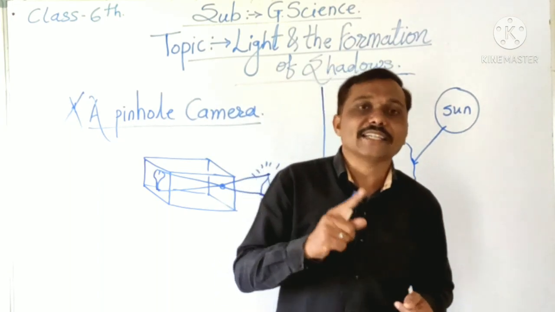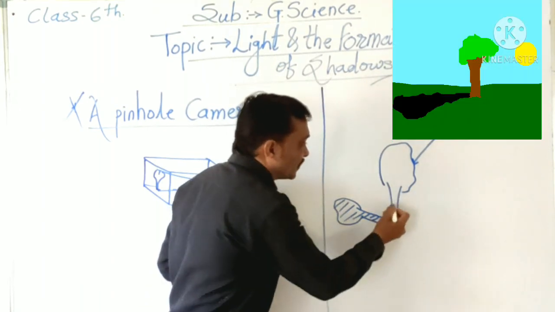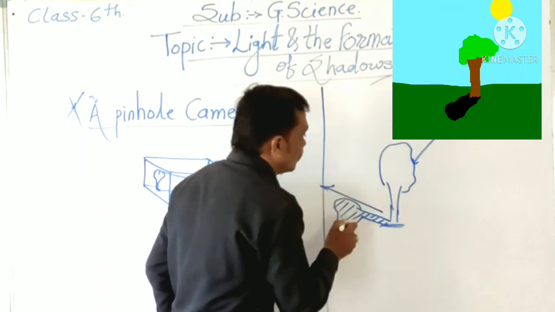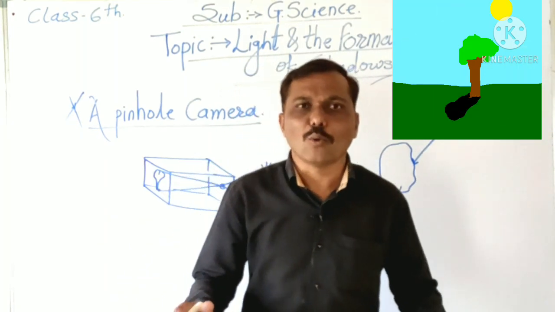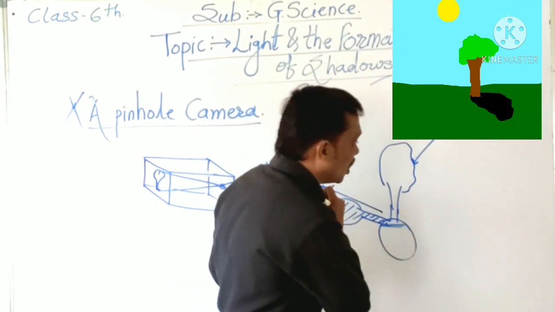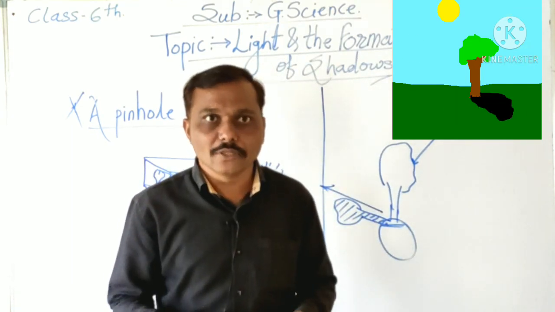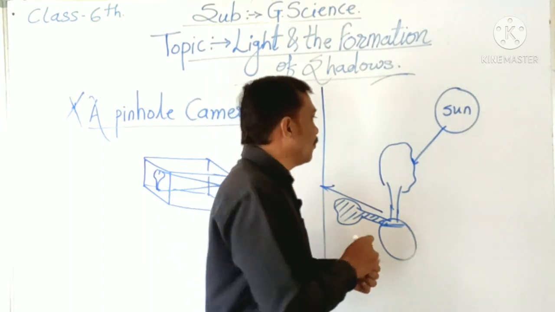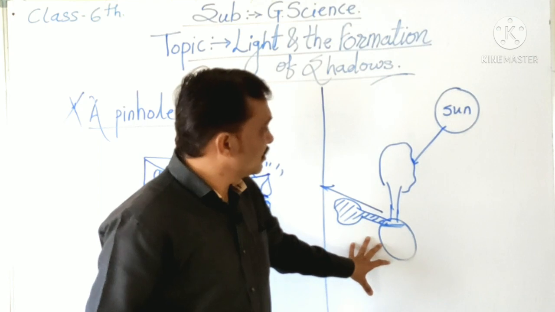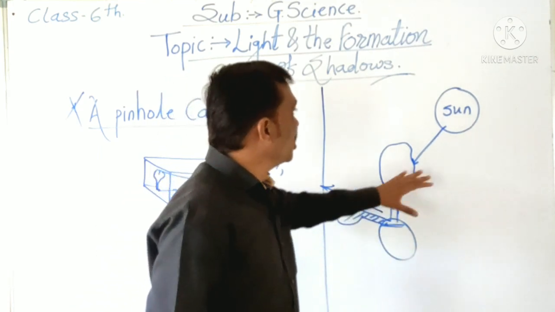For example, in the morning and in the evening, you clearly see that the shadows of trees, buildings and different other things are very long. Why? And in the afternoon, we clearly see that the shadow becomes short. So why do we see these changes? It is only because the relative positions of the light rays, the tree, and the surface where the shadow is formed keep changing.